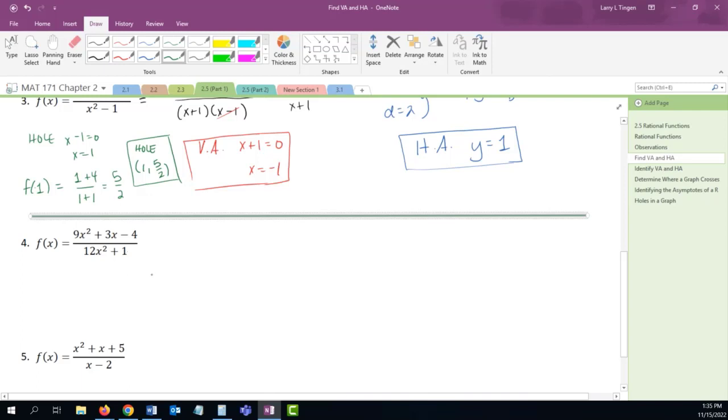Okay, so vertical asymptotes occur when the denominator is 0. So what makes the denominator 0? 12x squared plus 1 equals 0. 12x squared equals -1. X squared equals -1 over 12.